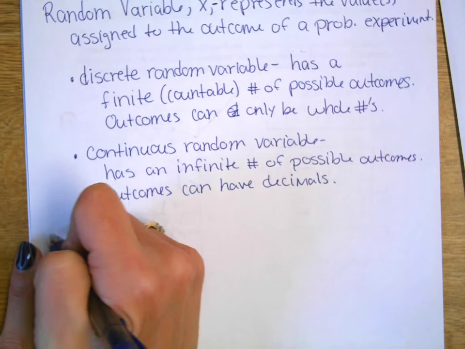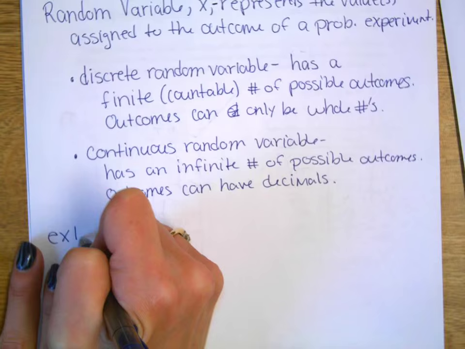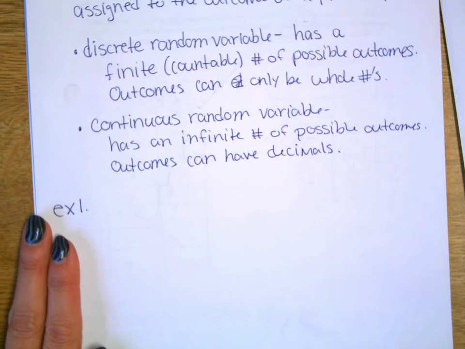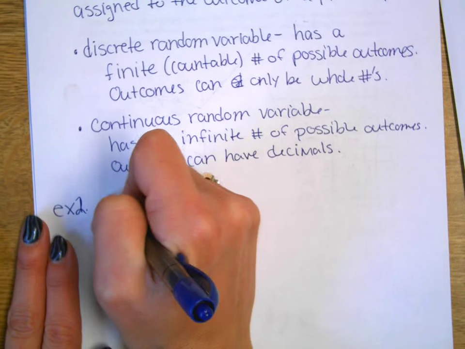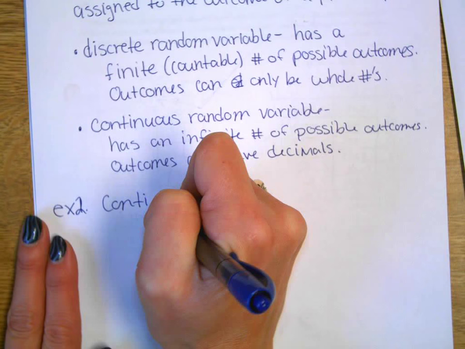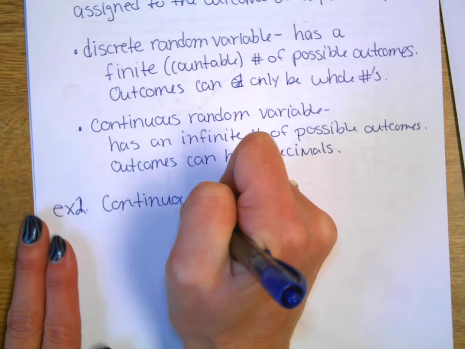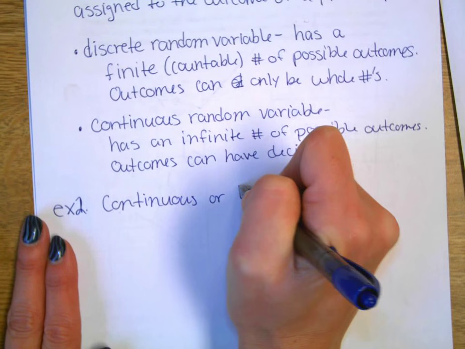All right, you ready? I'm going to give you two situations. I want you to tell me whether it would be discrete or continuous. Example 2.